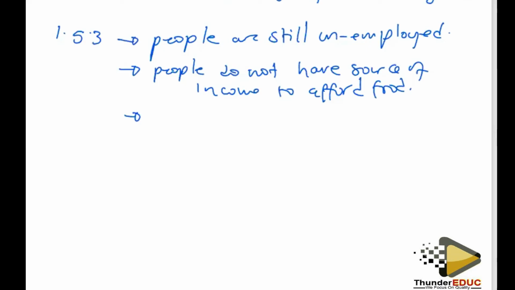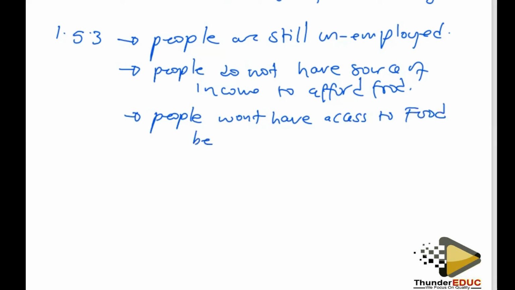Also, people won't have access to food because they seem homeless.